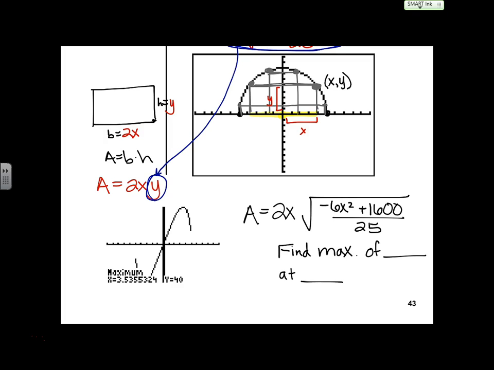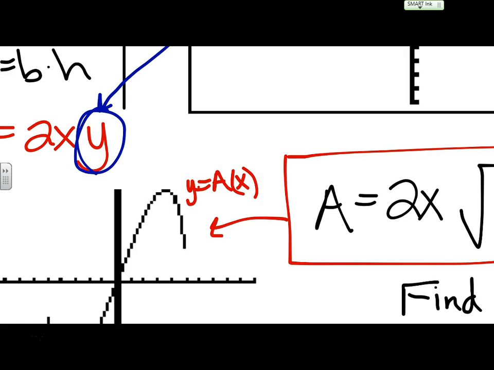Now, is there a really cool, nifty feature on your calculator that does this for you? But in order to use this cool and nifty feature, what do you have to do to any equation that you're trying to find the maximum of? Graph it. I put this function into my calculator, I graphed it, and guess what I can see on the graph when I get the window all nice and perfect?